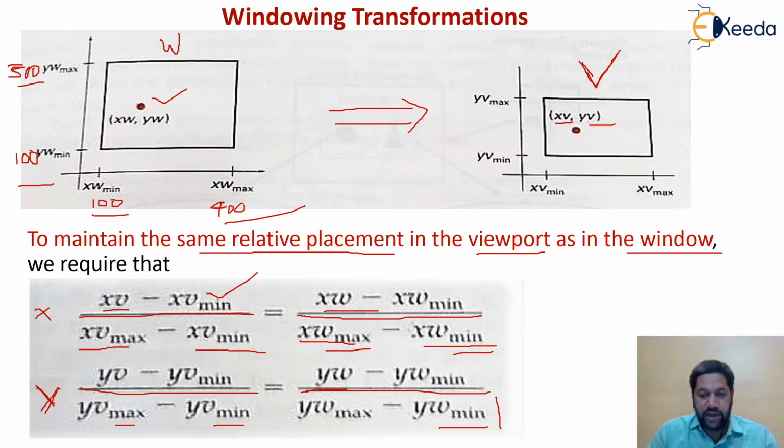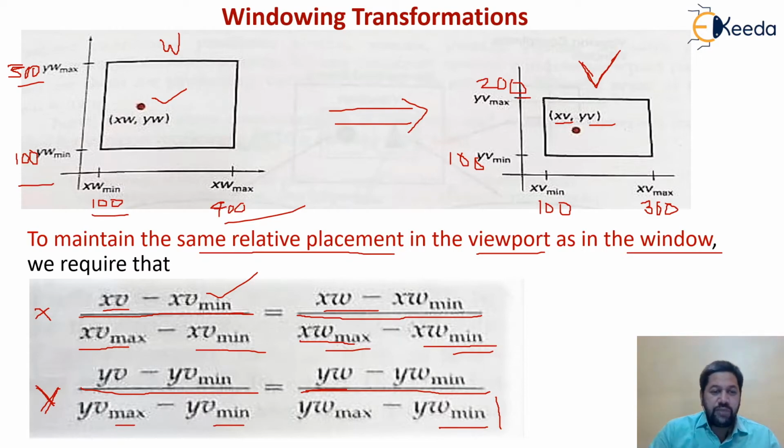For example, suppose I take xv minimum as 100, the same as xw minimum, but xv maximum is not 400; suppose it is 300. Suppose yv minimum is 100, but yv maximum is 200. So see, this is the difference.